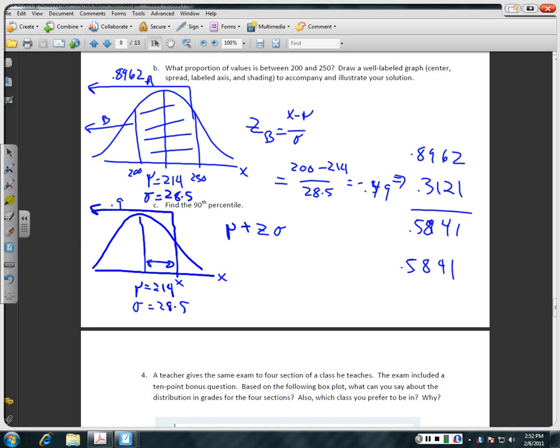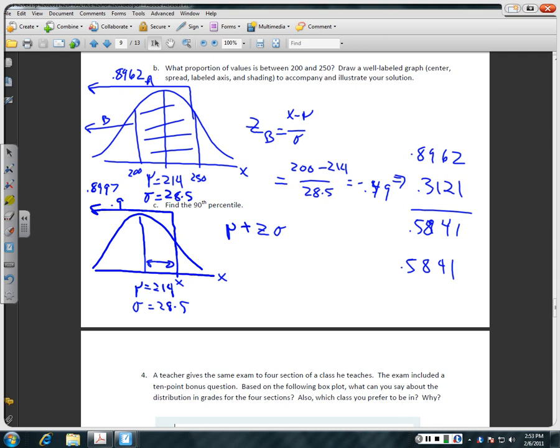So just go into the cumulative table for the z distribution. We're above the mean, so look on the side with positive numbers, and look in the center until you find a value that's really close to 0.9. I believe the closest you're going to get to 0.9 is 0.8997, and you'll see that's one of the shaded numbers there. So find that 8997, and then work your way out to the z value. You should be in the row 1.2 and the column 0.08.